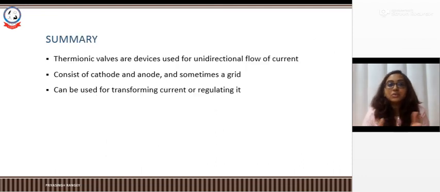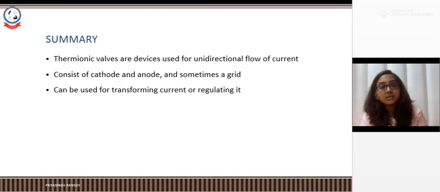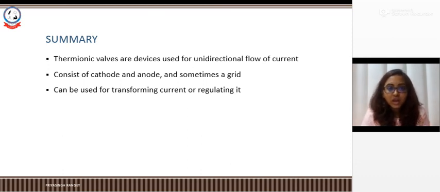To summarize, we can say that thermionic valves are devices that are used for unidirectional flow of current. They consist of a cathode and an anode in case of a diode valve, and they consist of a cathode, an anode, and a grid electrode in case of a triode valve.